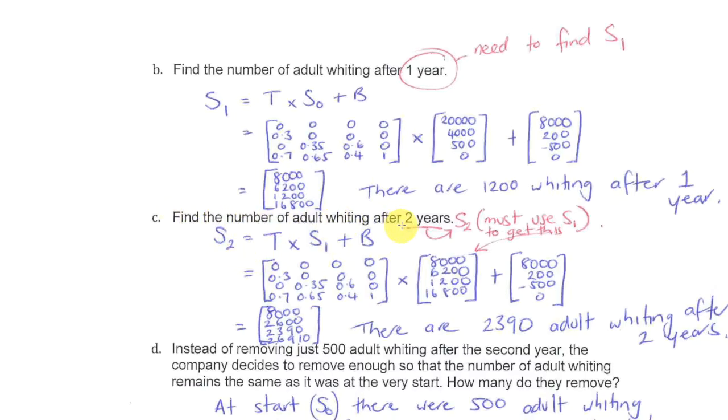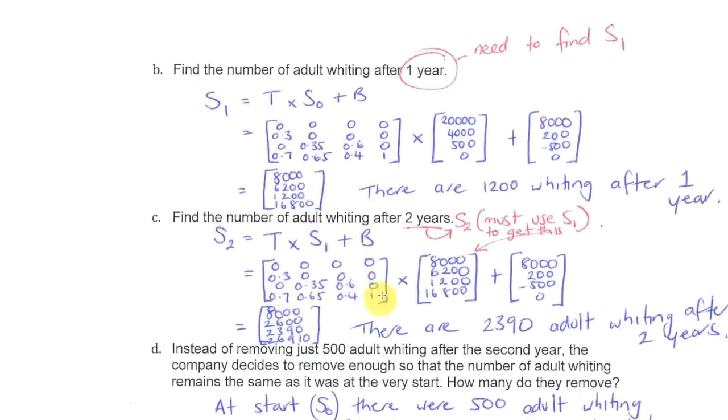Find the number of adults after 2 years. So here we're after S2. It's the transition multiplied by the status immediately before, which is S1, and S1 has been found in part B, so that there is the S1, plus the culling restocking matrix.